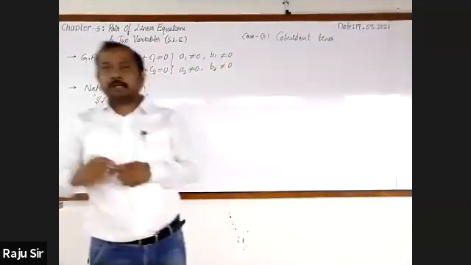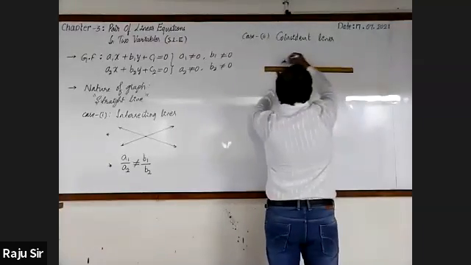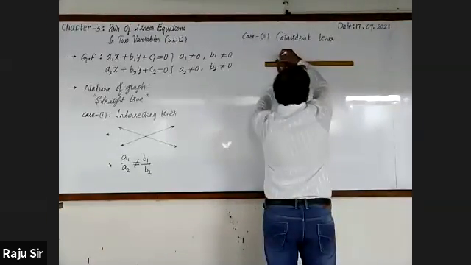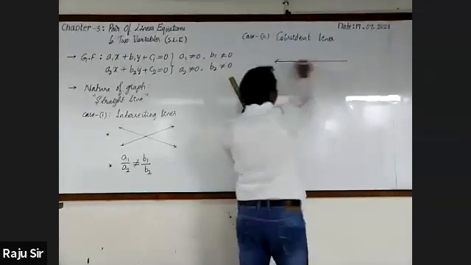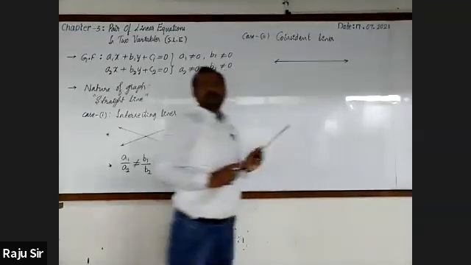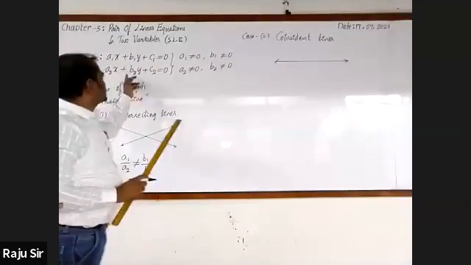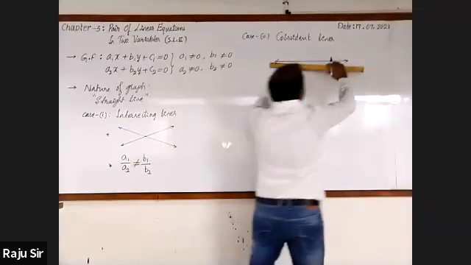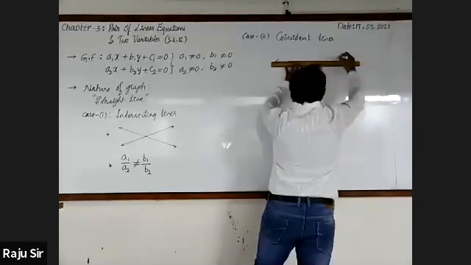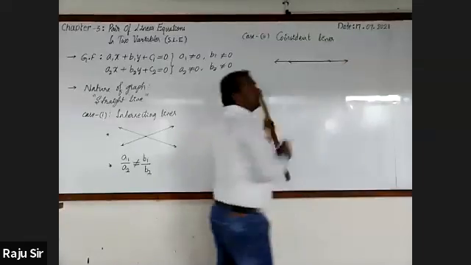Let me show you. Here I draw a line which represents the graph of the first equation. Next, another line which represents the second equation will lie on the same line. This is the second line.